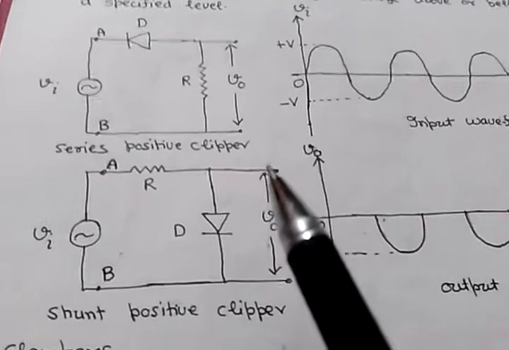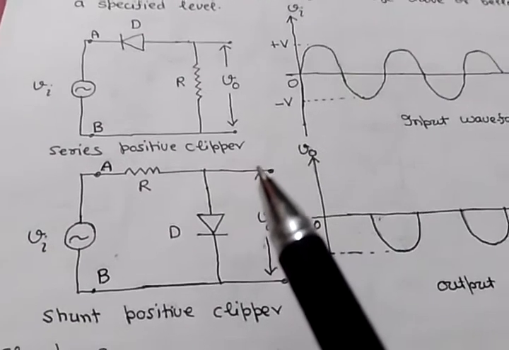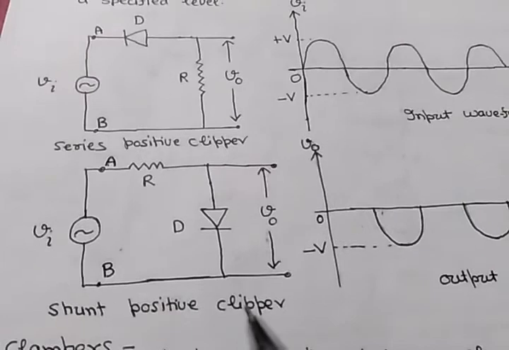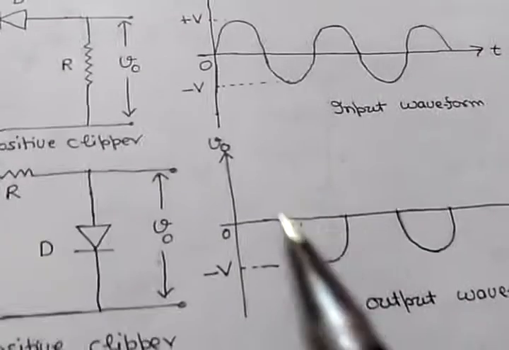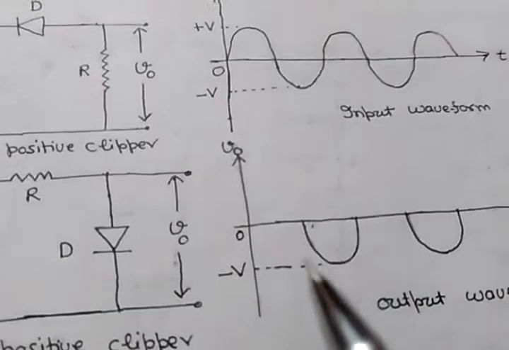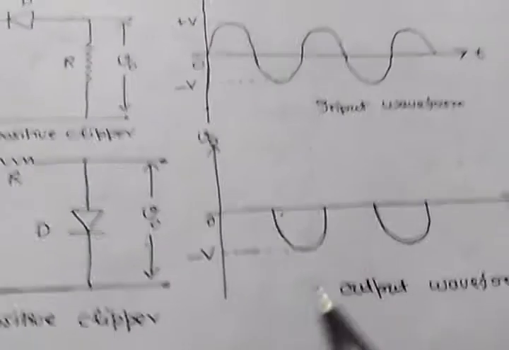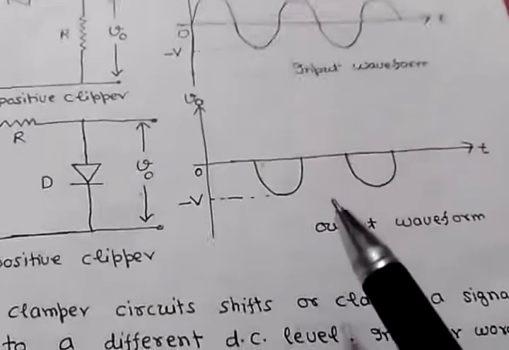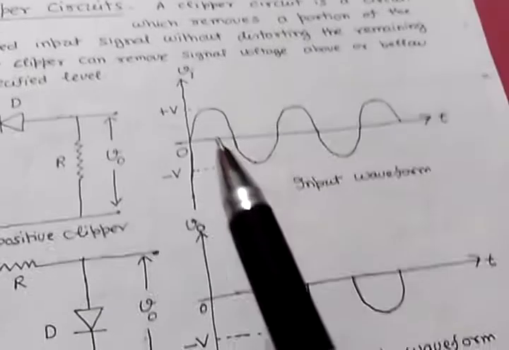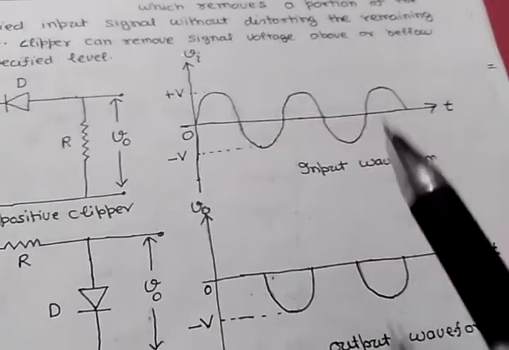So during the negative half cycle of the input signal, output of this shunt positive clipper will follow the input signal. So at the output we will get only negative half cycle like this.